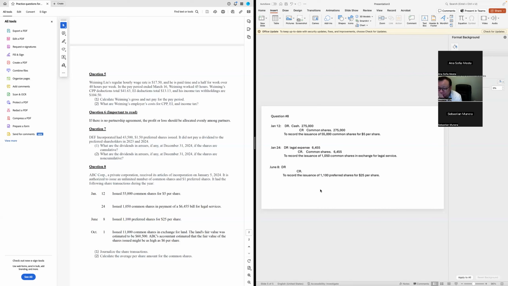We should debit cash for $27,500. 1,100 times 25 is 27,500. And credit preferred shares for $27,500.